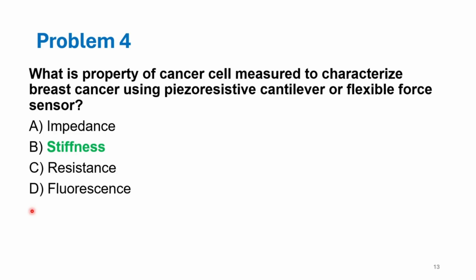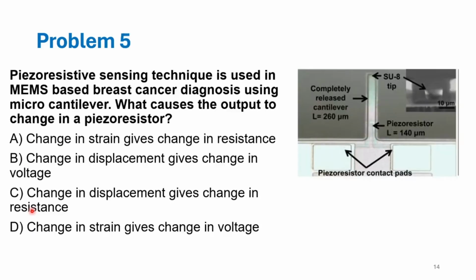It is a mechanical sensor; it converts a mechanical input into an electrical output. That's correct. So among the various options provided, which is the mechanical input? It's the mechanical term, that is the stiffness. So that is the answer. Okay.